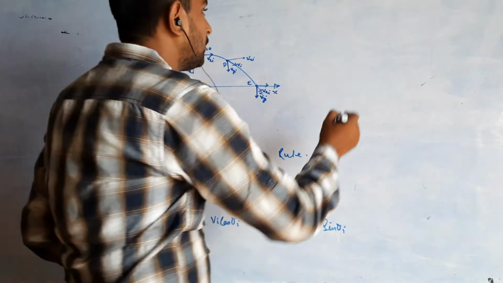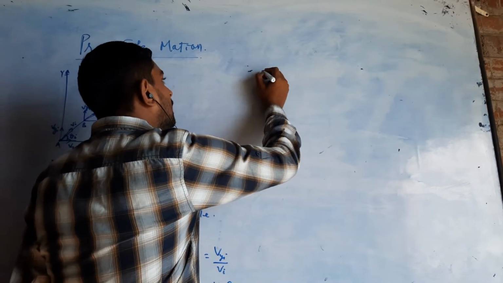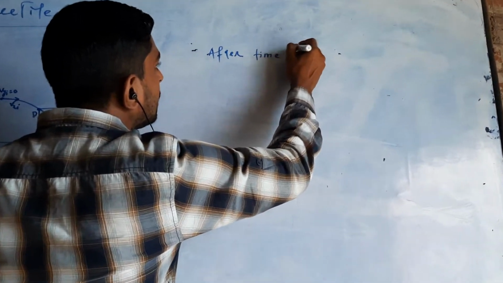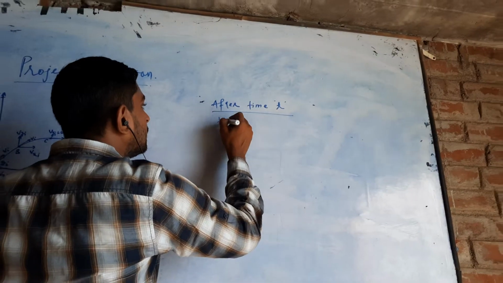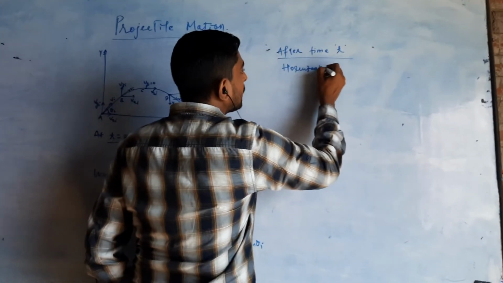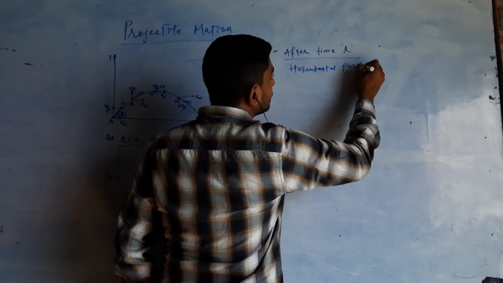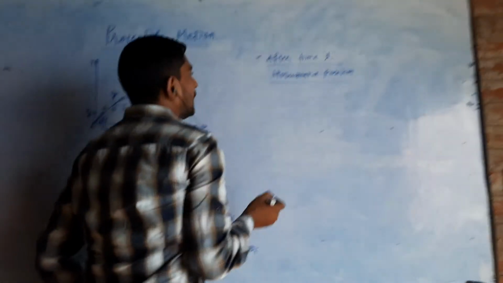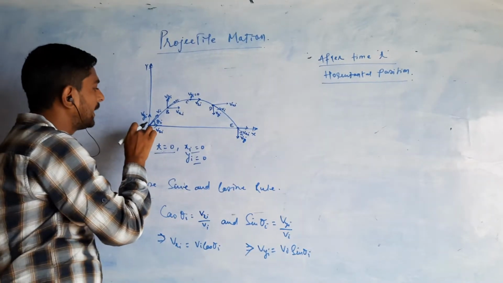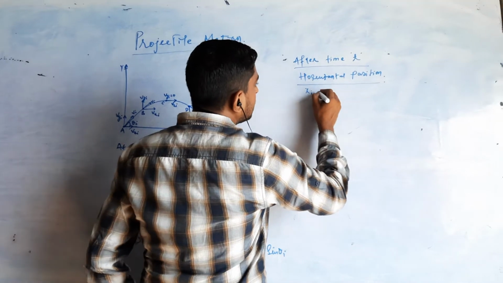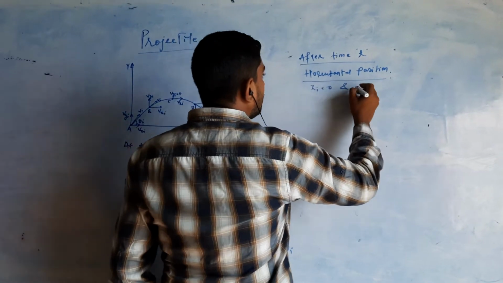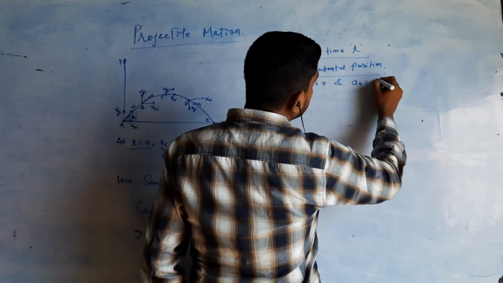Now I am going to discuss its motion in the horizontal direction. After time t, the horizontal position: initially the particle in the horizontal direction is at point A, where xi is 0, and the acceleration in the x direction is also 0.